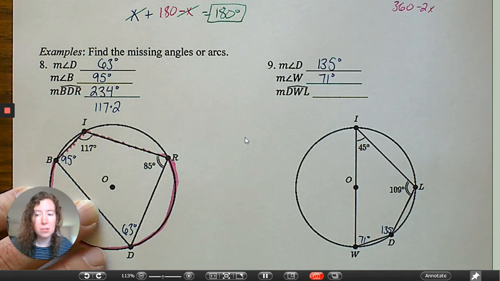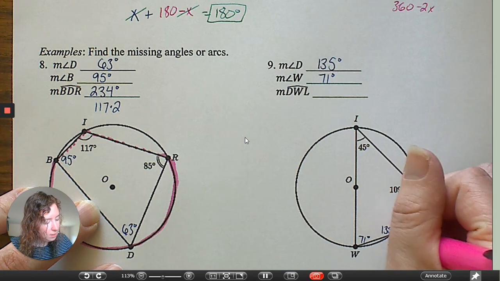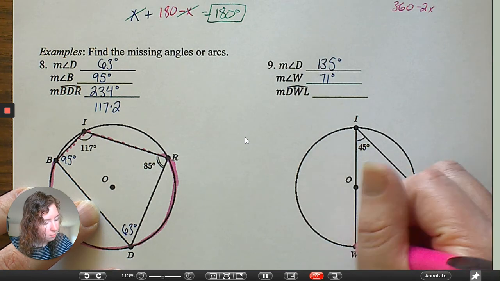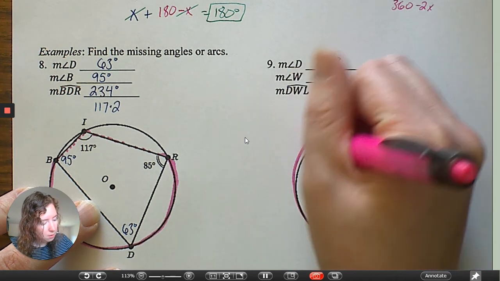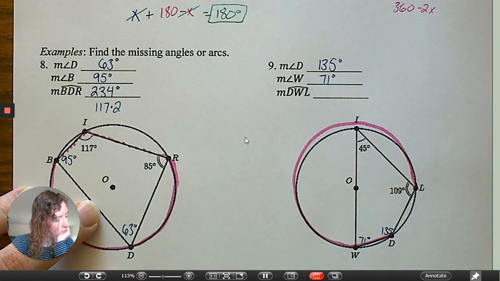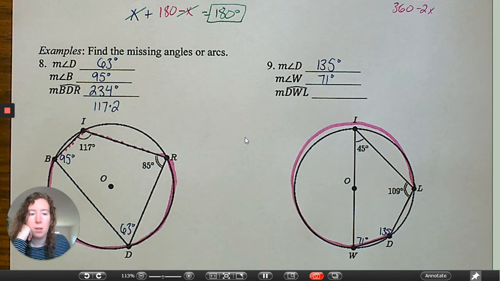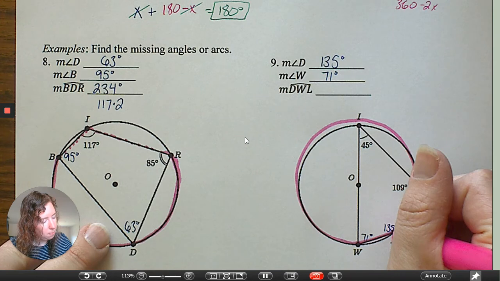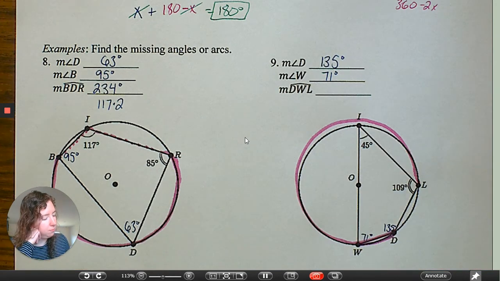Then we want to find the measure of arc DWL. DWL, that's a big one. So that arc comes from what? Oops, I went over the wrong one. DWL.